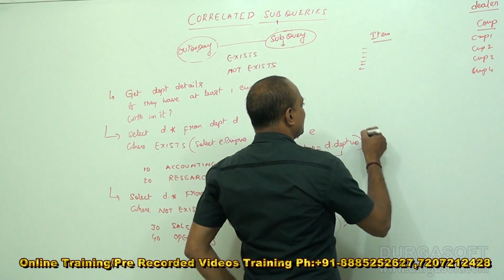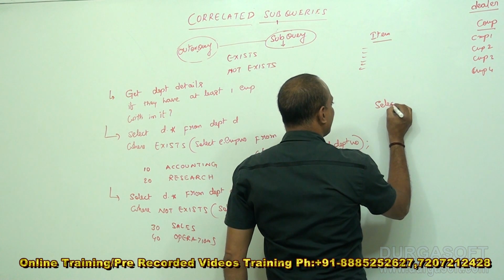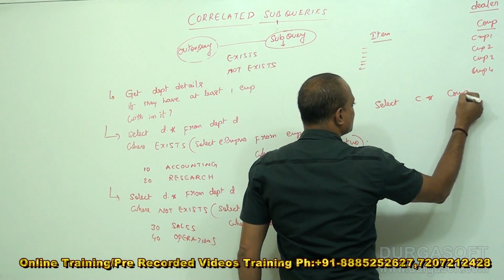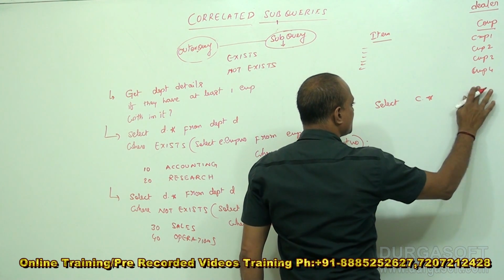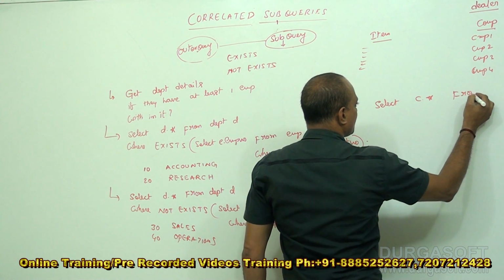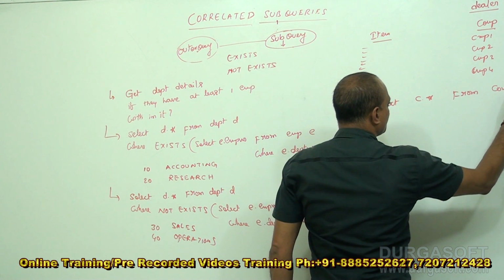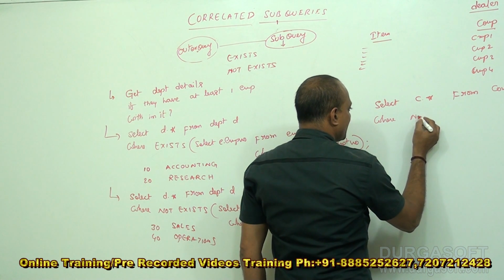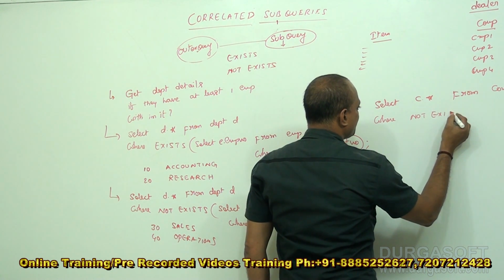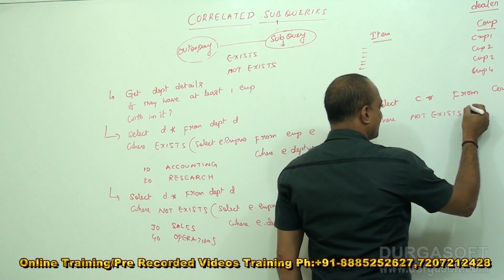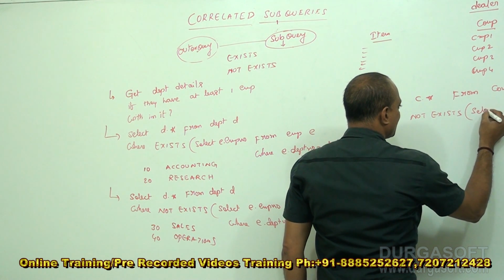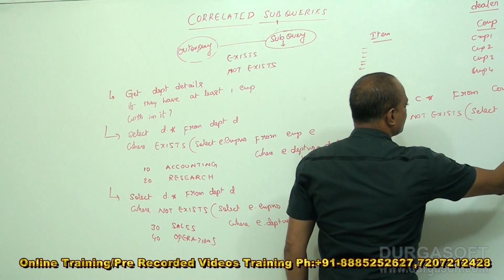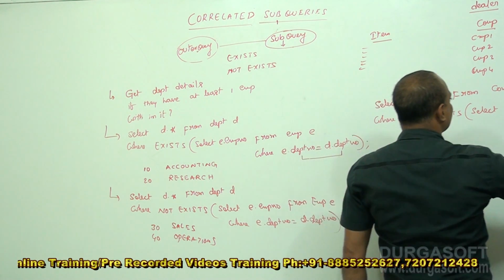How should I do it? Simple. You are selecting data from company details, C dot star from COMP C, where not exists, select some value, 100, from, what is the table name here?